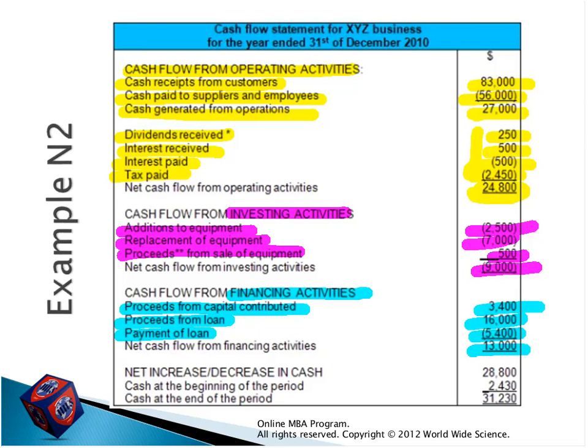Like 27,000. Sorry, 24,800. I want to highlight it to show you clearly. Just give me a second.